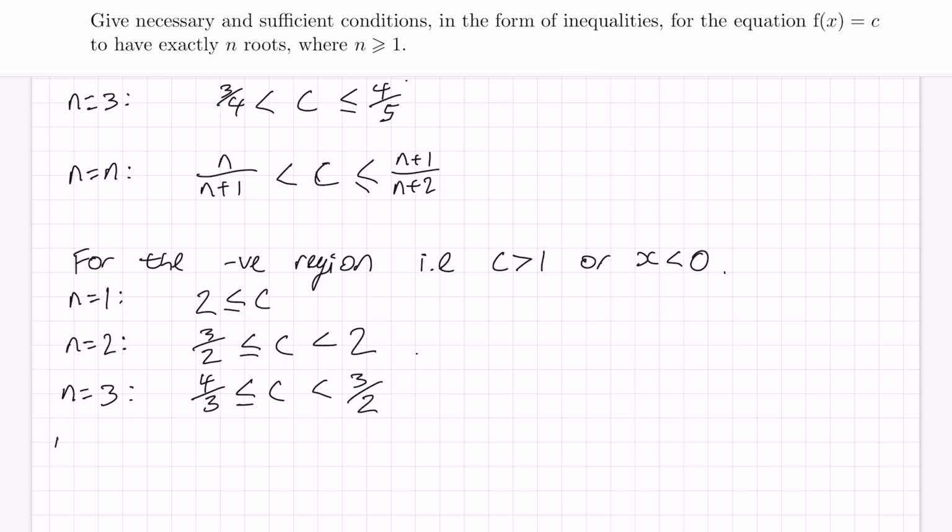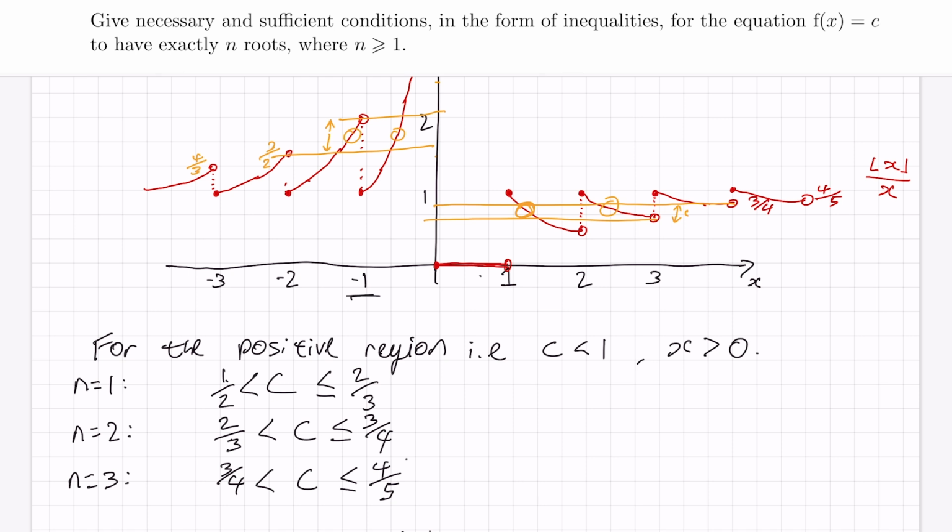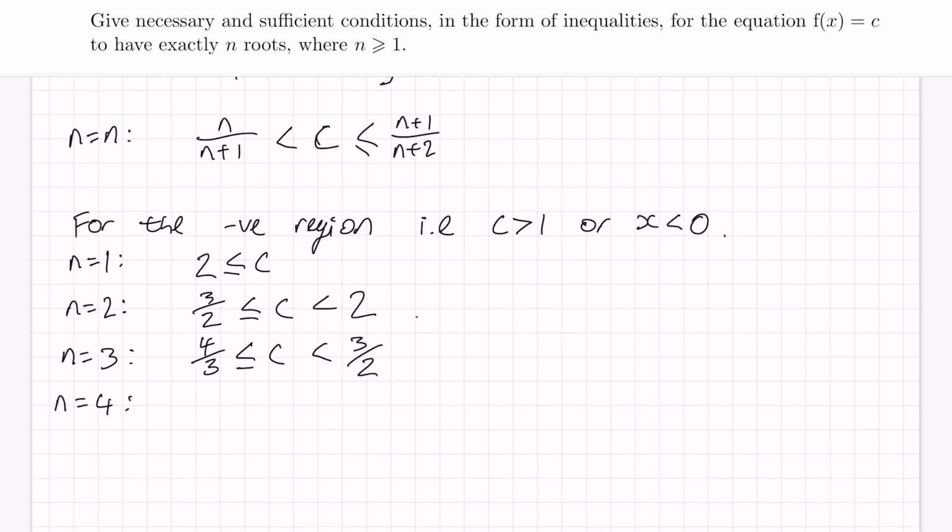Okay, I might just do one more because I'm struggling with the pattern a little bit because I've got 2's in there. The next one would go up to 5 over 4 and then back down. So I need 5 over 4 less than or equal to c, less than 4/3.